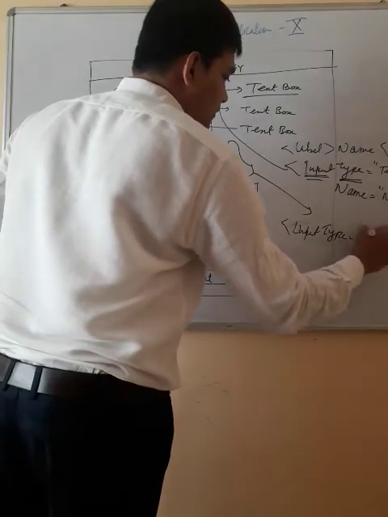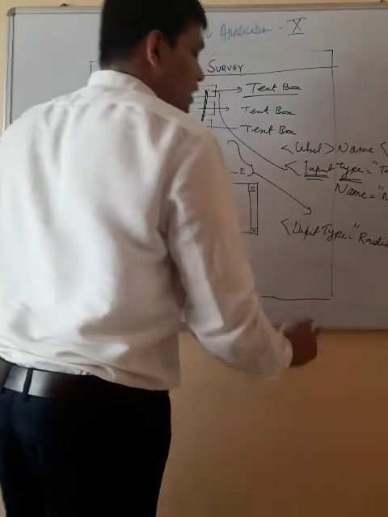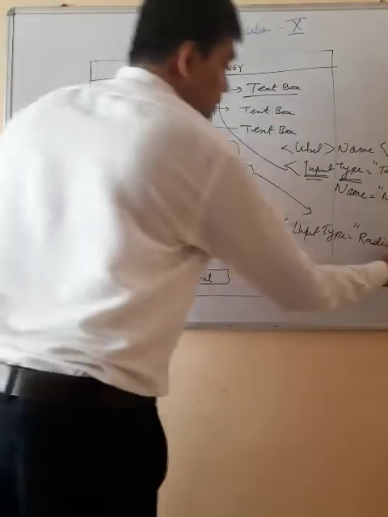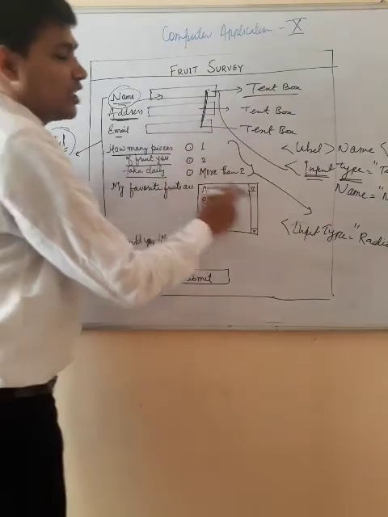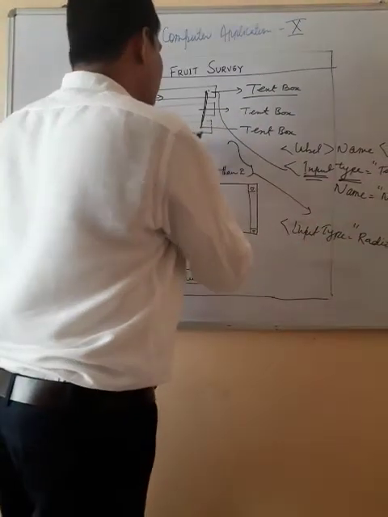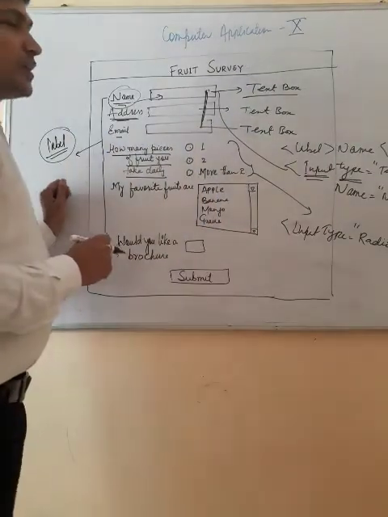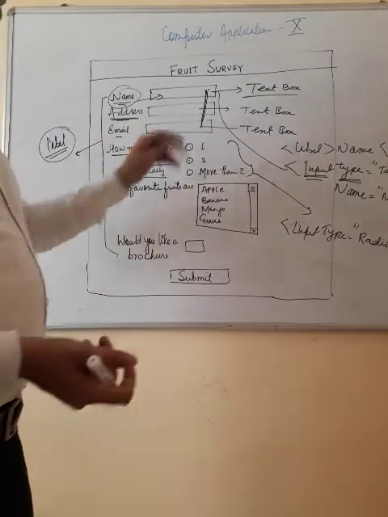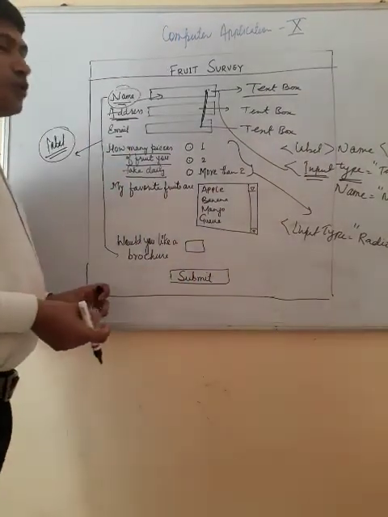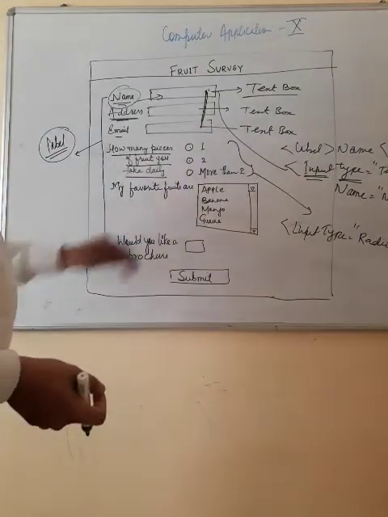Here in the previous class I discussed how it will display. If you are using input type radio, it will display an option button, which is also called a radio button, and that will display here.